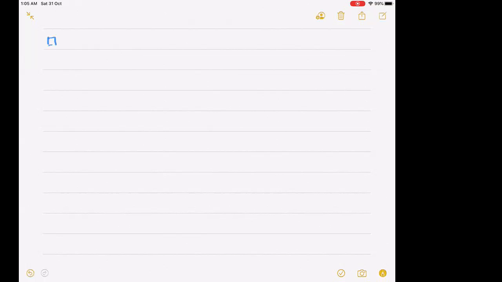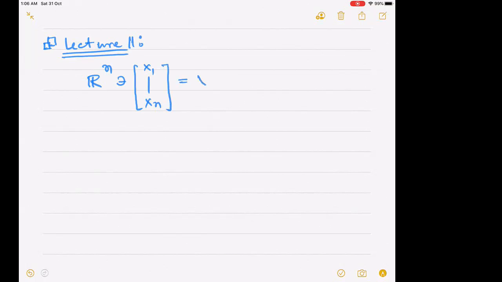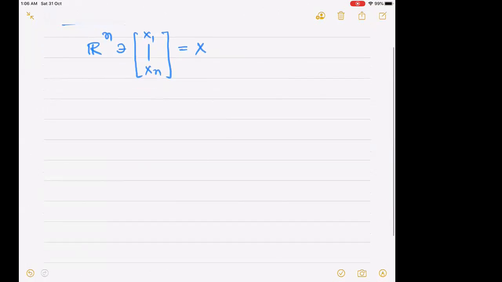this is our lecture 11. So suppose we are in R^n, and we look at a typical vector, an n-tuple x1 to xn, and we're going to call it x. Now let's assume that this x is actually a function of time.